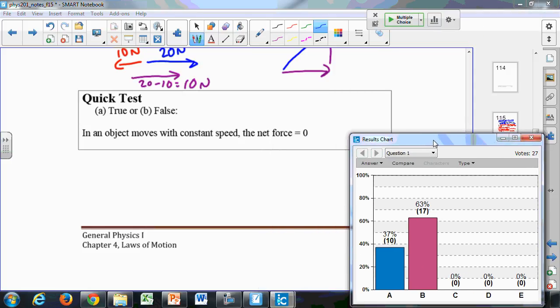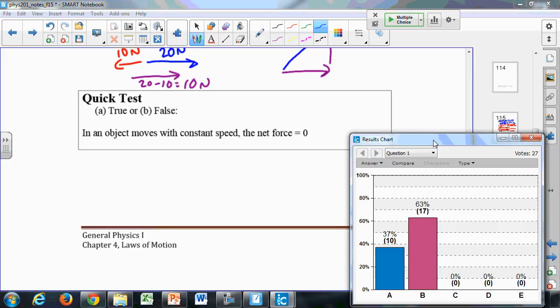Okay, let's see. If an object moves with constant speed, the net force is equal to 0. An object will continue moving in whatever state it's in unless a force acts upon it. So if this object is moving at a constant speed, it's moving along the same way that it's always been moving. It's not changing its velocity. Does that mean that a force is acting upon it? No?